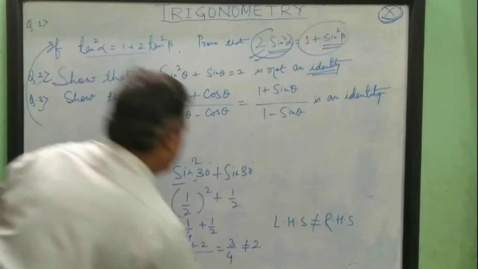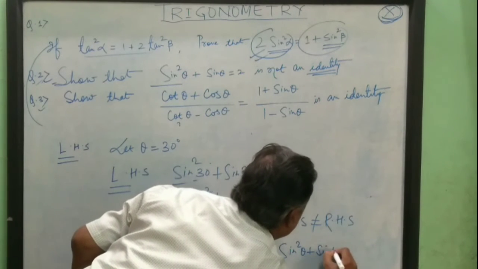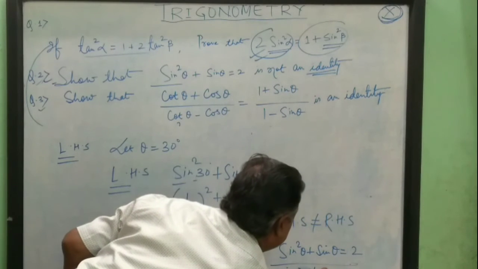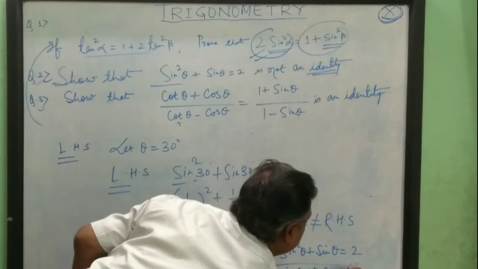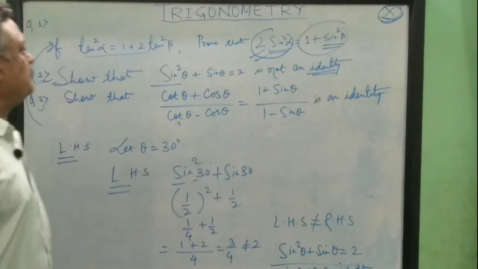So sin square theta plus sin theta is equal to 2 is not an identity. Note down.